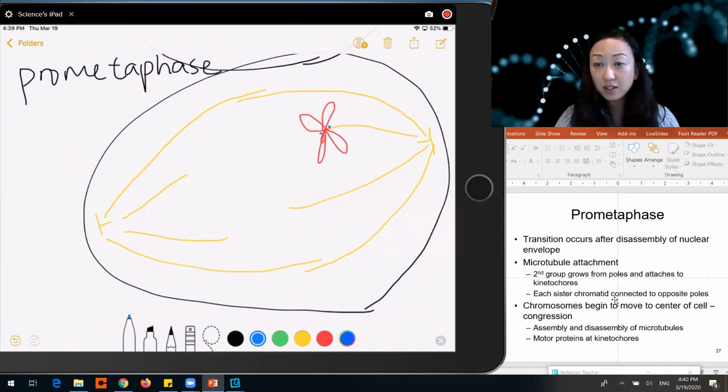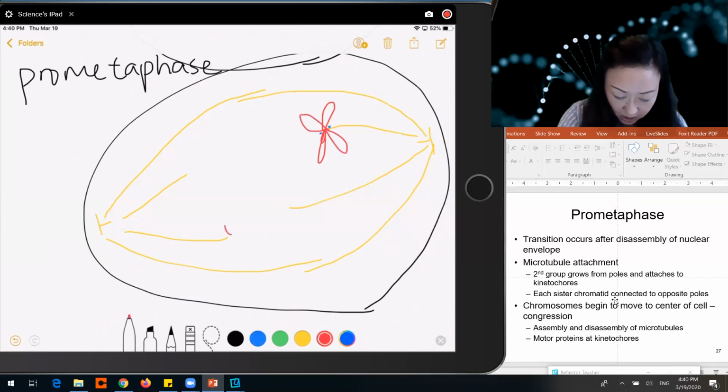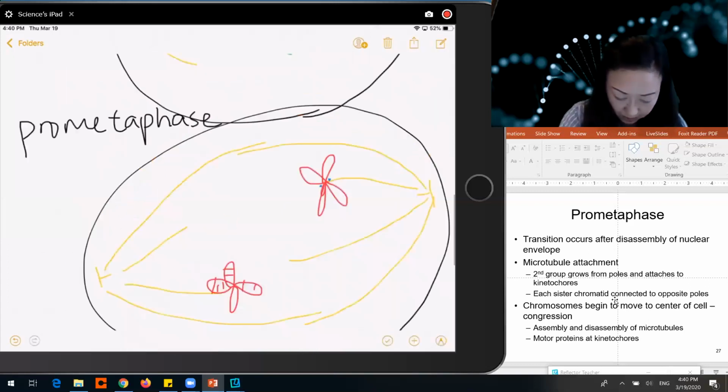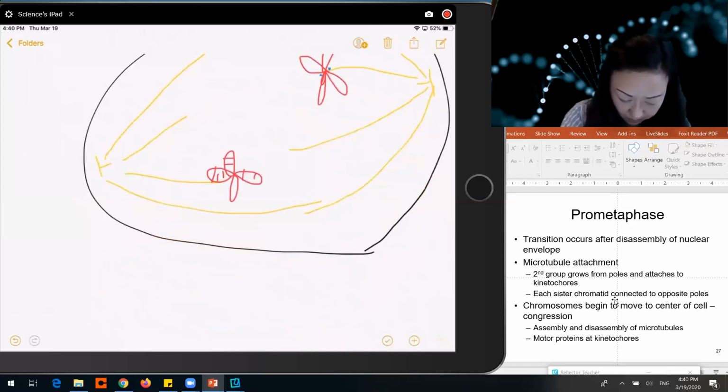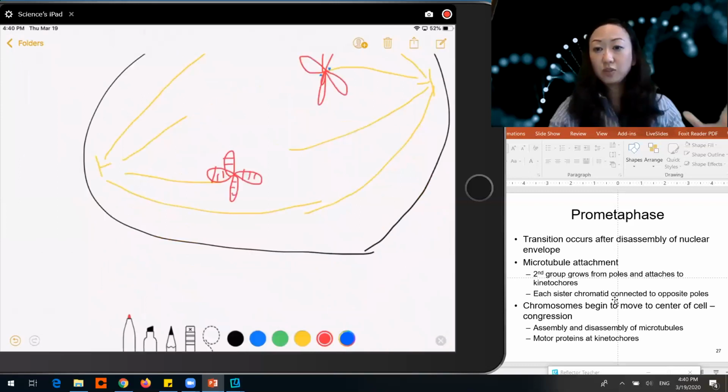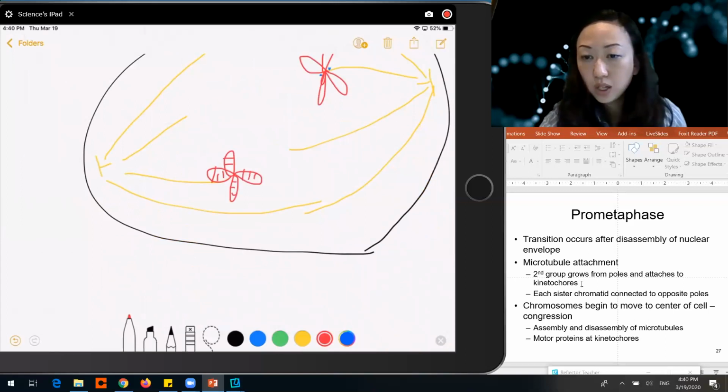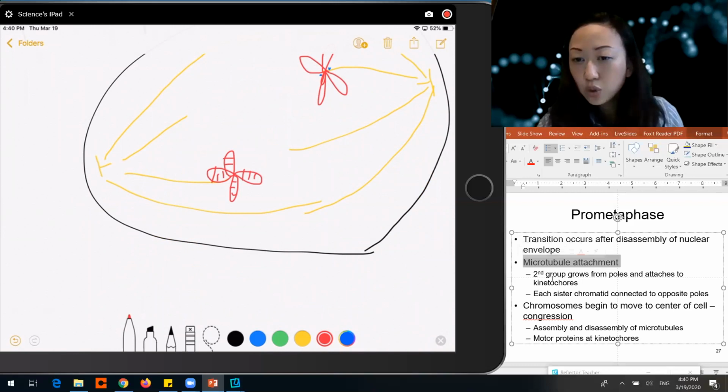What about the other one? The other one is also now attached. So what did I just draw? Microtubule attachment. You've got fibers growing from the poles.